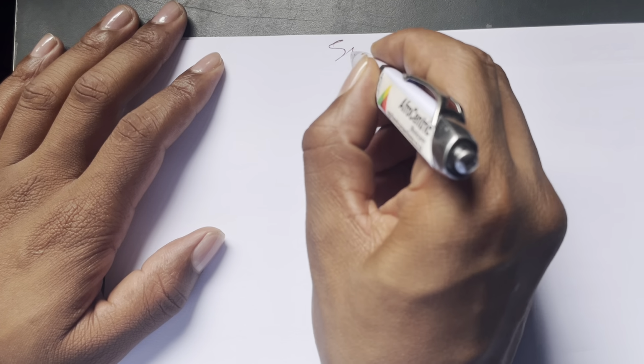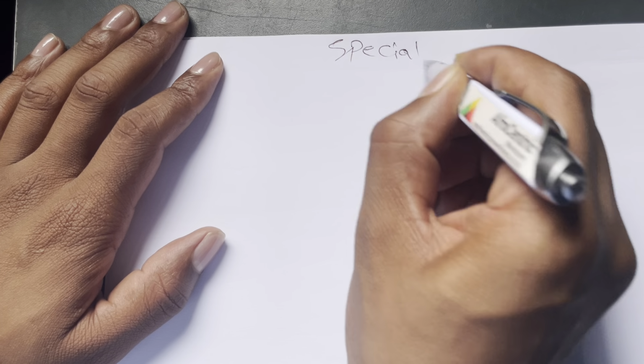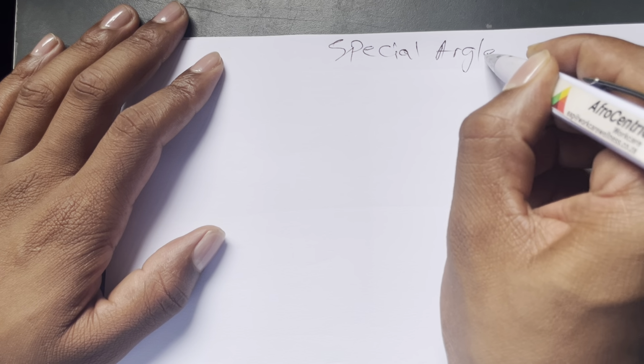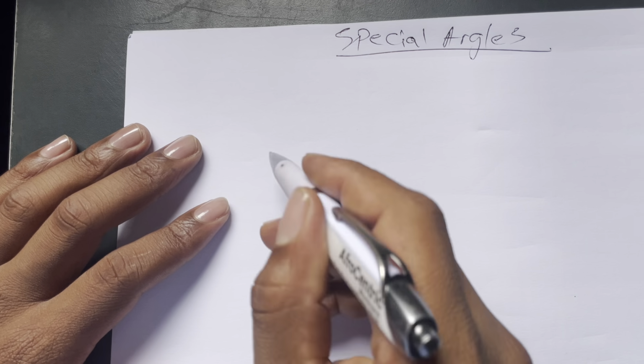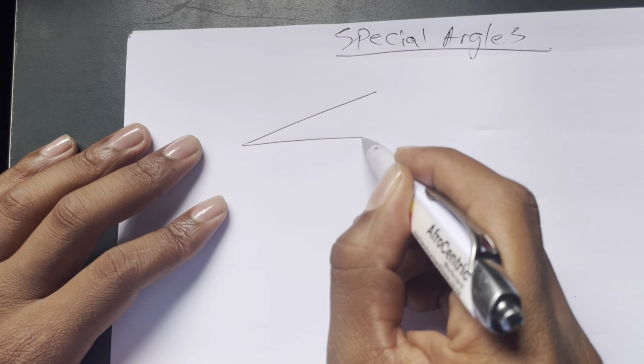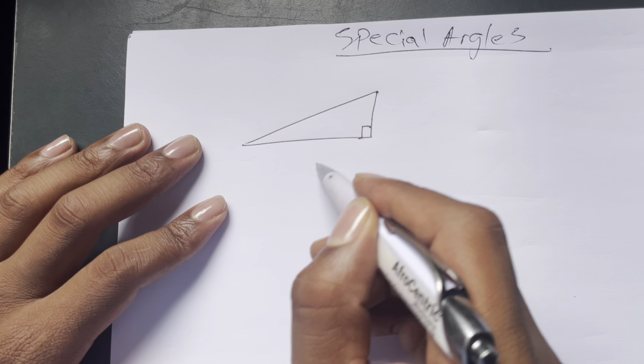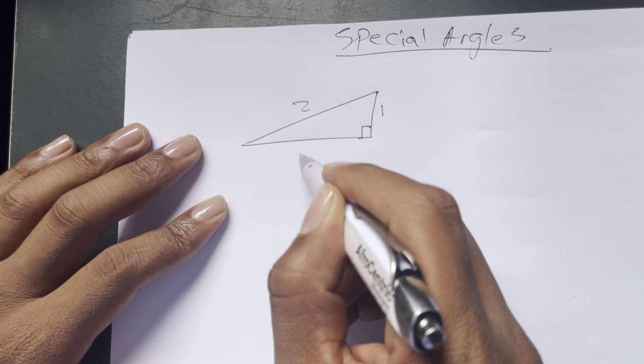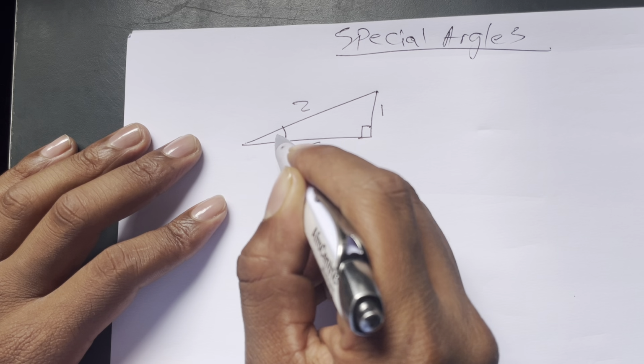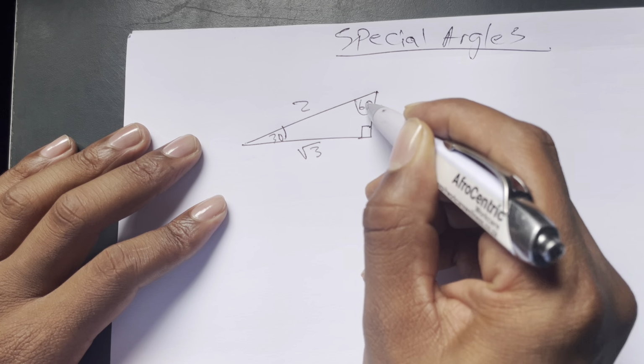Okay, now let's move to special angles. So special angles, they are paired with special triangles. So triangle 1, you have this triangle 90, 1, 2, root 3, 30, 60.